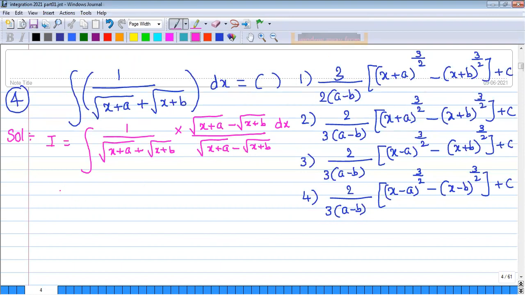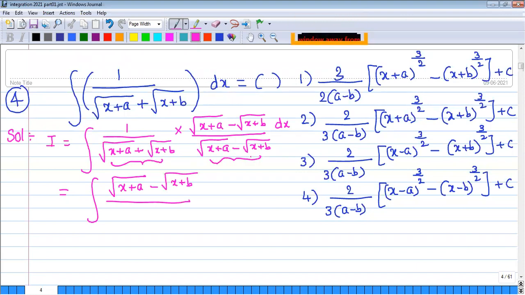Now this can be written as root of x plus a minus root of x plus b upon the product of these two, which is in the form of a plus b into a minus b, that is a square minus b square: x plus a minus x plus b, which is a minus b, dx.